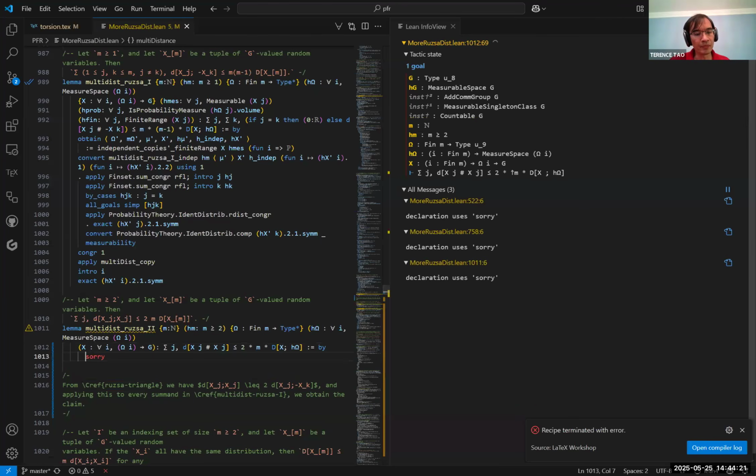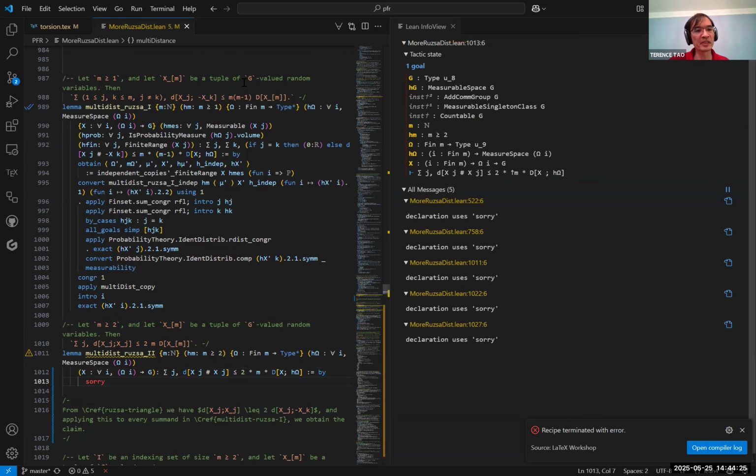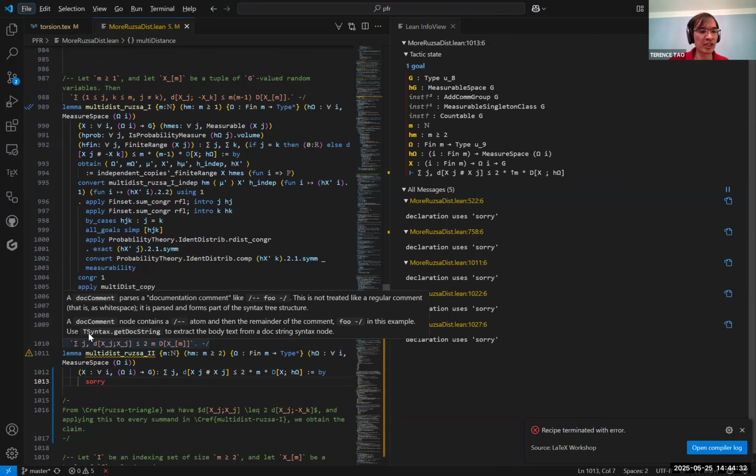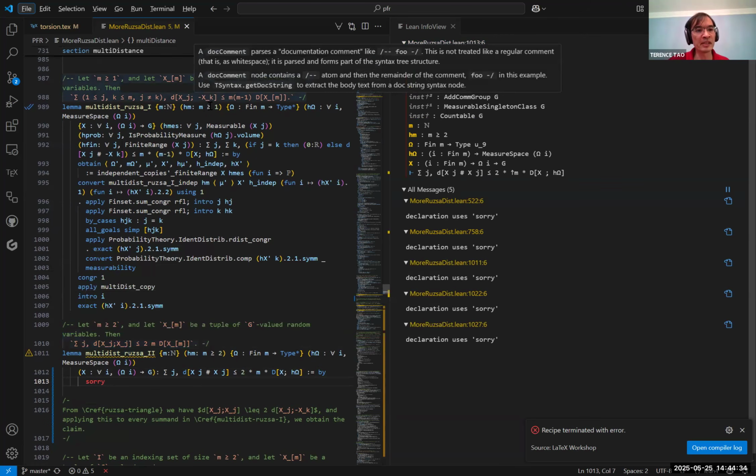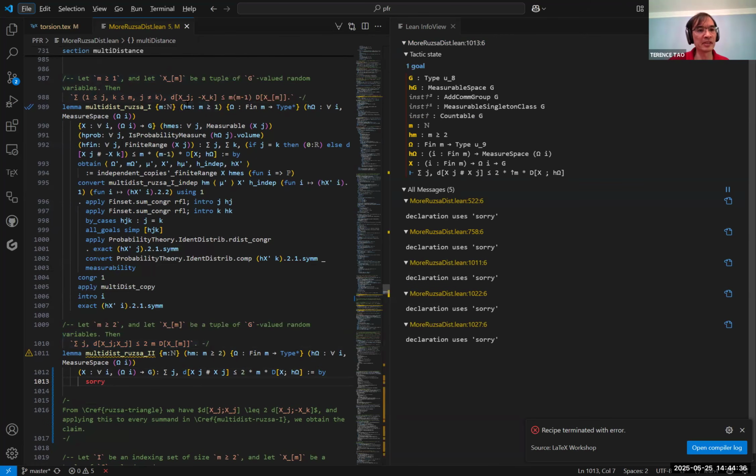So the way we're going to prove this is, this inequality is going to be a consequence of the previous inequality. This is an inequality controlling a diagonal distance, d(xj, xj). And we had a previous lemma which controlled an off-diagonal distance, d(xj, minus xk). So the first step is to get a relation between them.